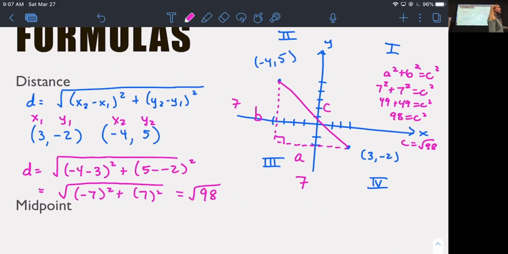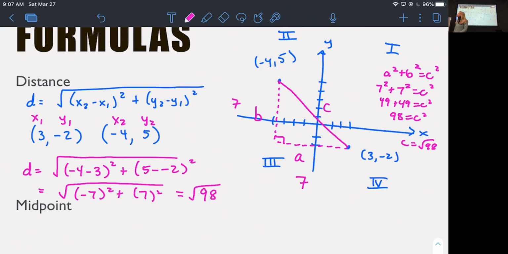Those are radicals. Do you guys remember what you can do to a radical to simplify it? Put it in its simplest form? You're looking for perfect squares that are factors of 98.